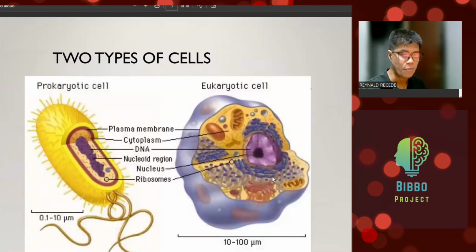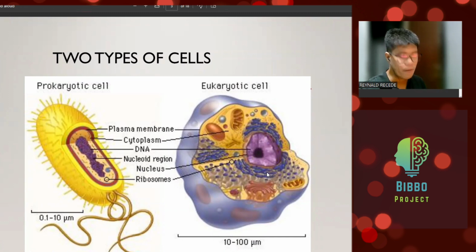There are two types of cells. You have the prokaryotic cell and the eukaryotic cell. Basically, they differ in structure and the parts that are present or absent in them. So, yung yellow na nakikita nyo is the prokaryotic cell and the one that looks violet is the eukaryotic cell.